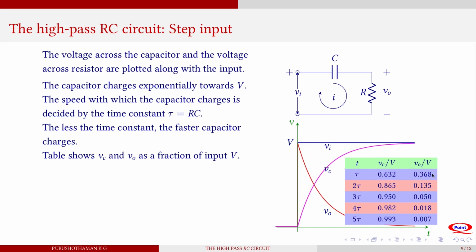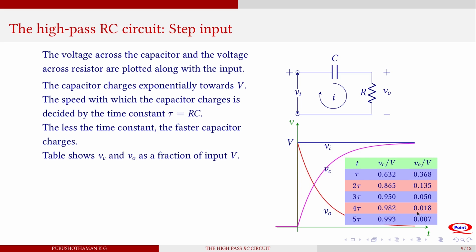At that time, you can see the output voltage is only 0.368 or 36.8%. It reduces. And after 5 time constants, you can note that the capacitor voltage is 99.3% of the final value. And the load voltage, the output voltage, is only 0.7% of its initial value.